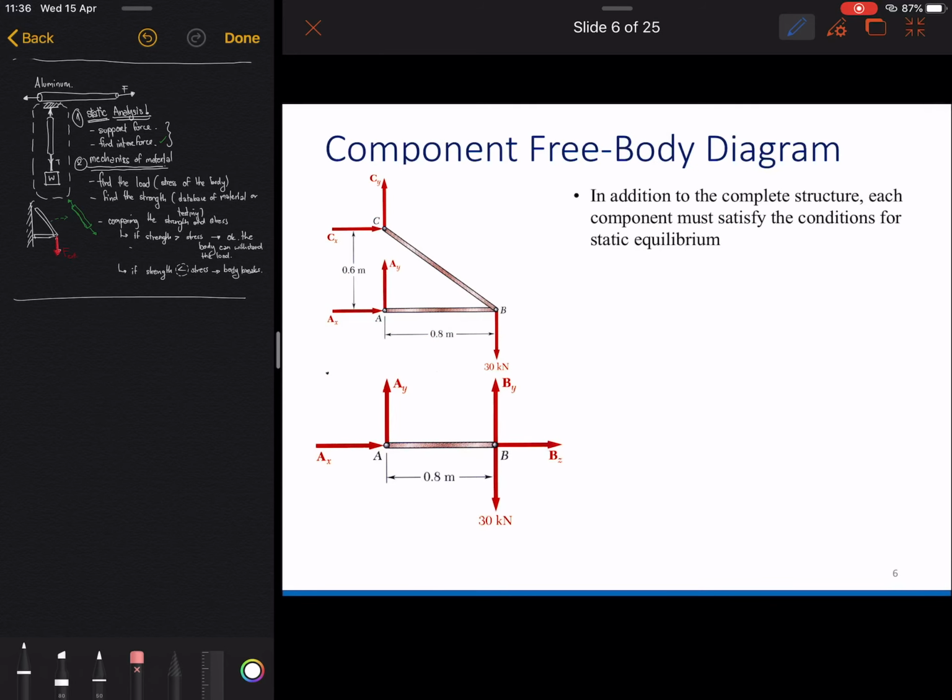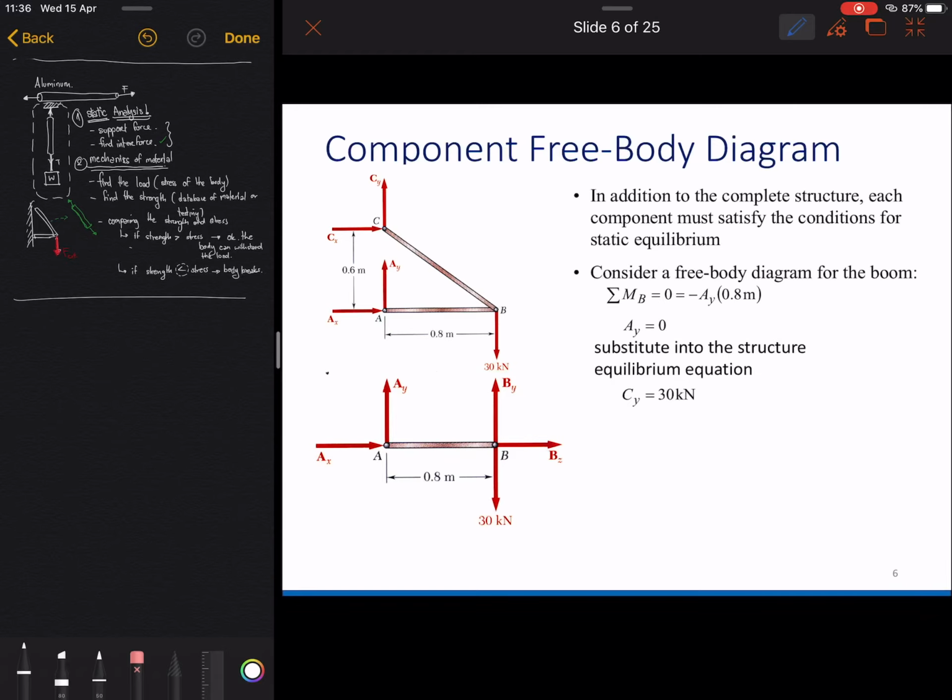So next, in addition, to complete these structures, each component must satisfy the condition for static equilibrium. So we consider the free body diagram of the boom to be sigma MB equal to 0.